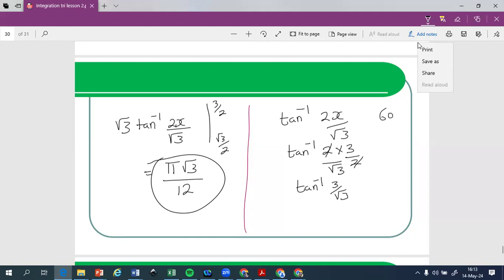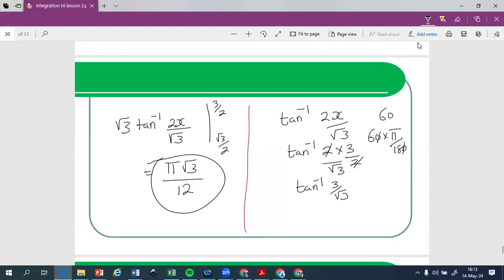Now, when you get 60, then turn your 60 into pi. So how do you turn it into pi? In order to change anything to pi, you multiply that angle you have by pi and divide it by 180. So that's how you turn it. You multiply by pi divided by 180.